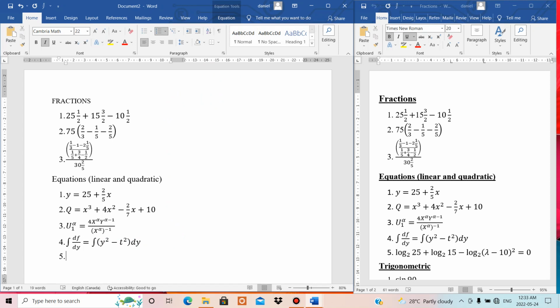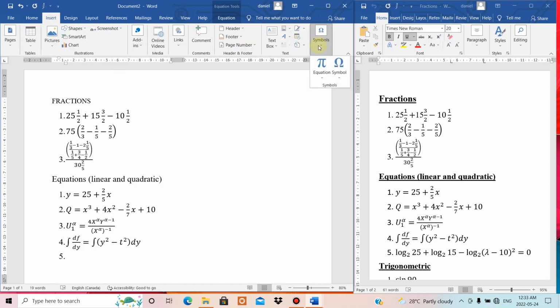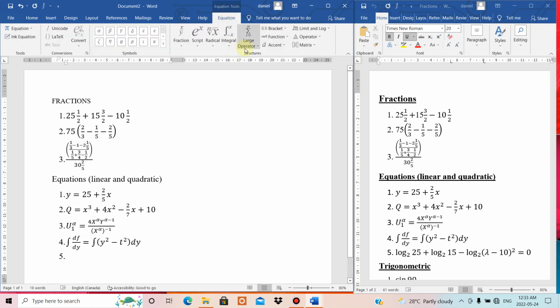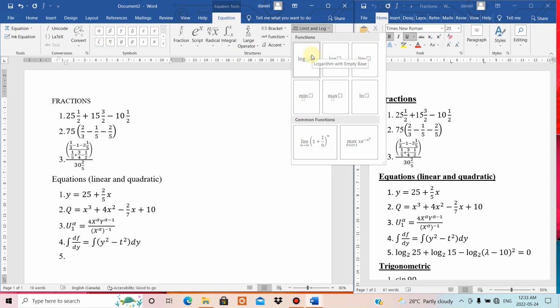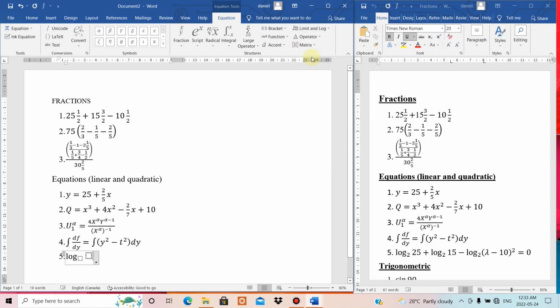The next equation is a logarithm. So it goes limit and log. This is log base 2 of 25, or log 25 base 2.